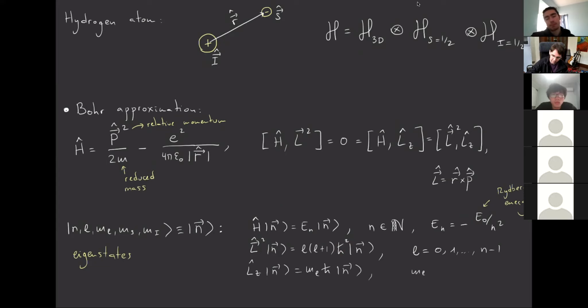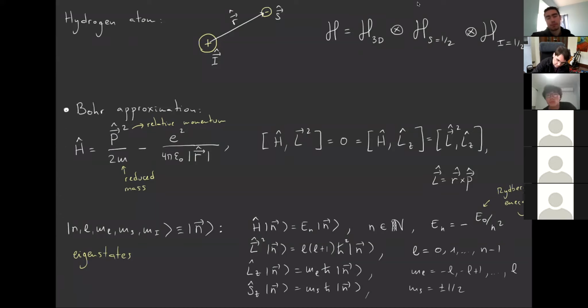And this ML goes from minus L to L in units of 1. And then finally, we have SZ, which can be plus or minus 1/2. So that's the spin of the electron.